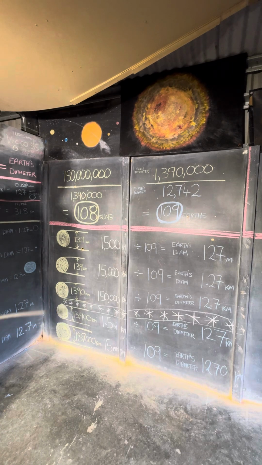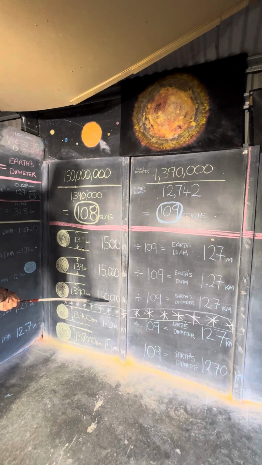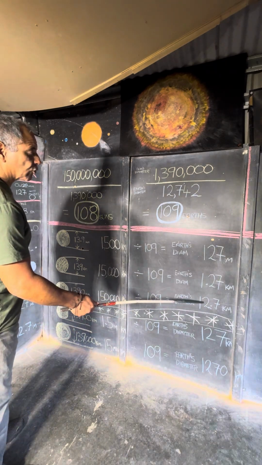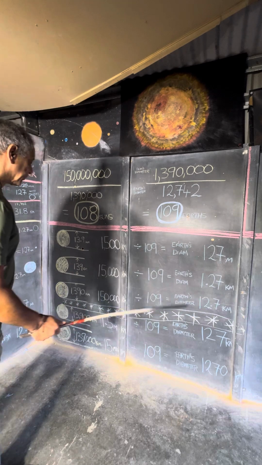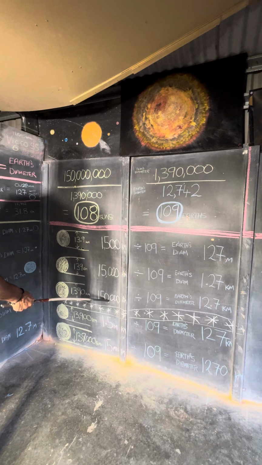1,390 kilometers. A sun with a diameter of 1,390 kilometers. The distance between us is 150,000 kilometers. Earth's diameter now would be 12.7 kilometers. What do we have for comparisons? That's roughly a little bit bigger than Jupiter's diameter, right?